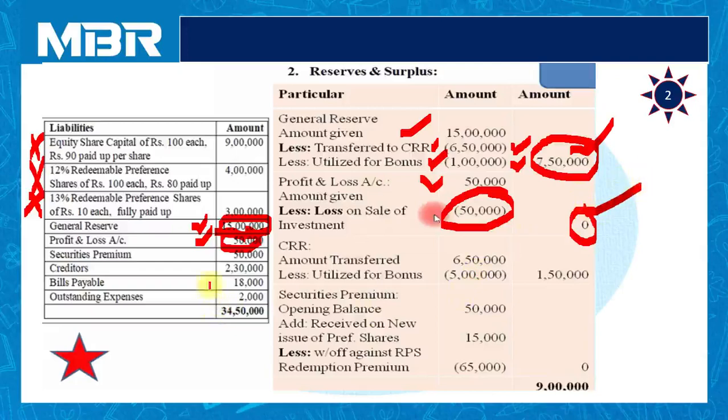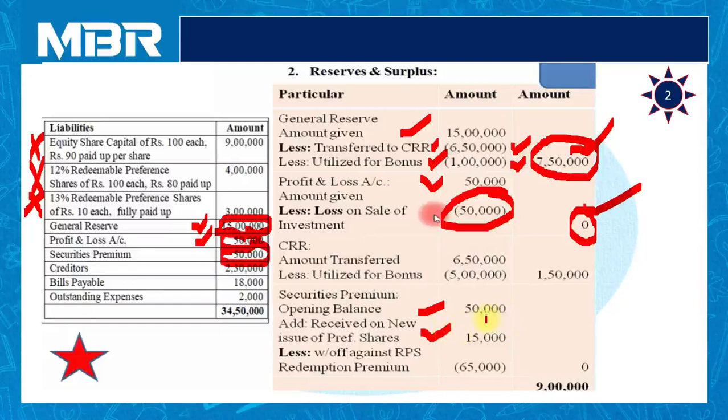The third item given to us is securities premium. Let me calculate securities premium first. Opening balance of securities premium is 50,000. Now simply recall the process of RPS redemption. If you recall step number 3, that is issue of new securities, you may recall that at the time of issuing new securities, we have received 15,000 rupees on issue of new cumulative preference shares.